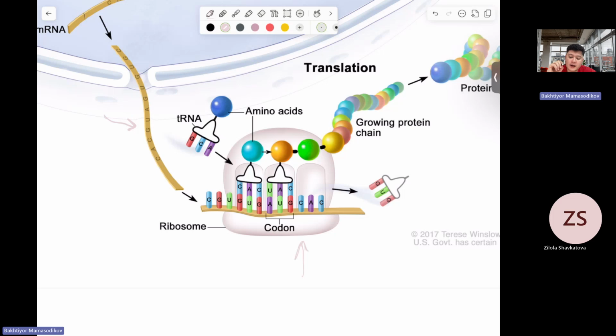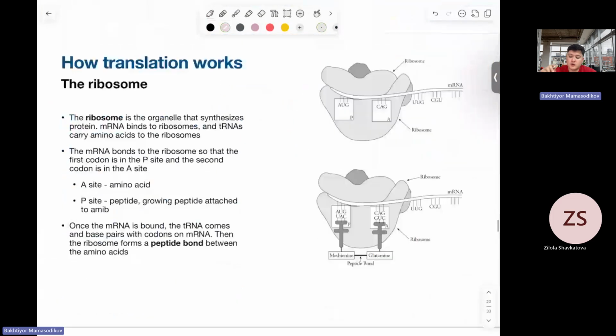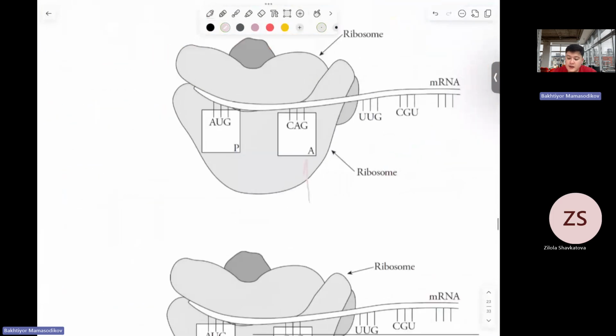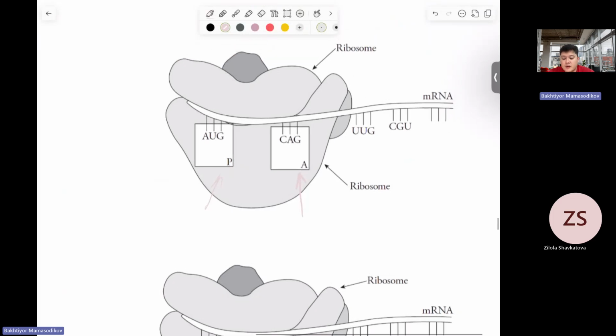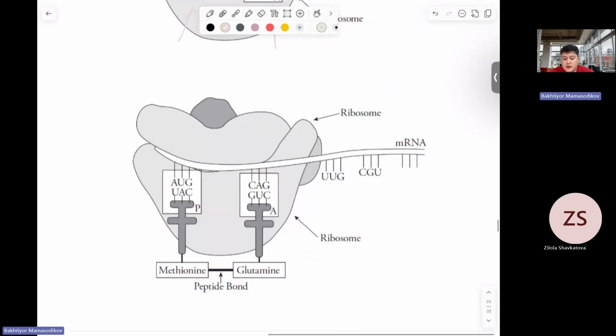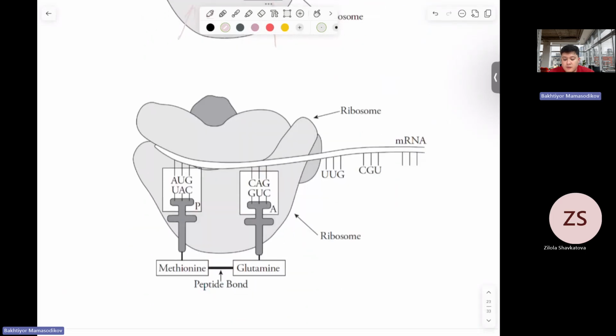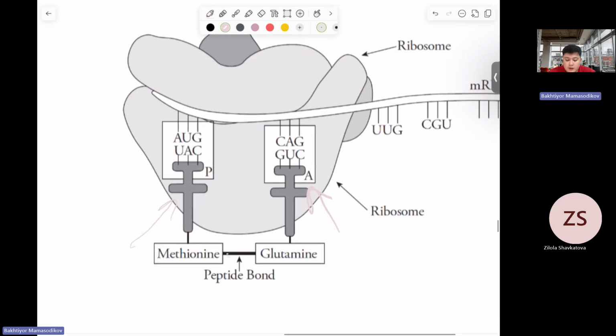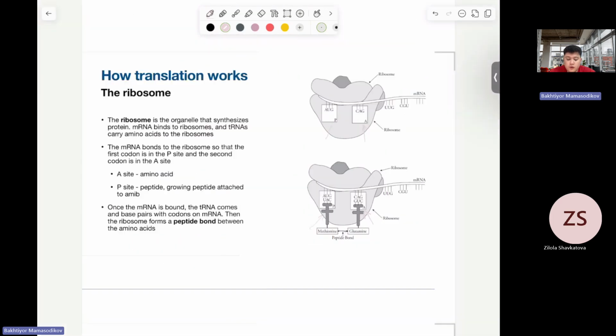It has an A site and a P site. Let me show you. This is the A site, and this is the P site. The A site is where the new amino acid arrives. The P site is where the growing peptide chain is held, where the peptide is going to be made, with a peptide bond between the two amino acids.